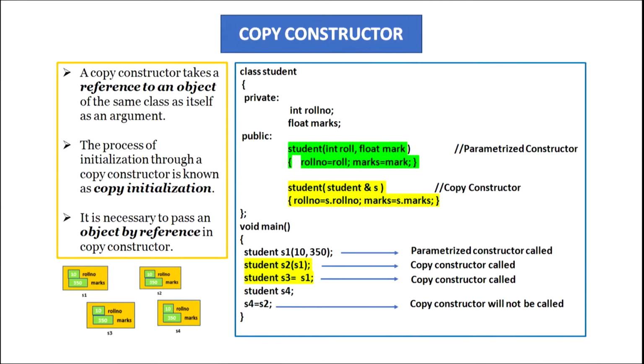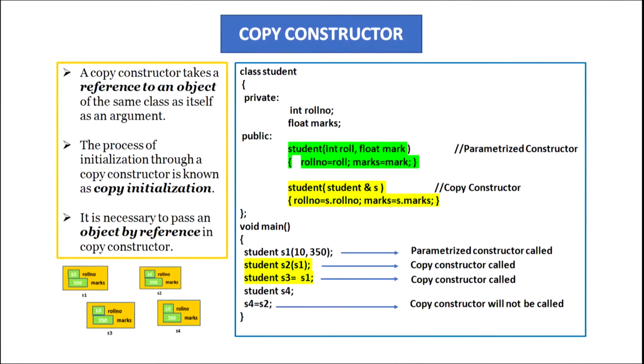The memory space will be allocated to the data members of the object S1, and roll number will take the value 10 and marks will take the value 350. Now, the next statement is student S2, and within braces we are writing S1.